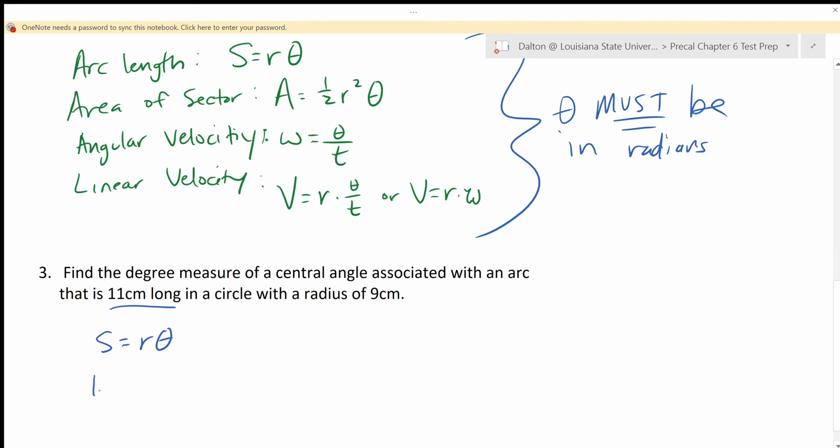So that'll be 11 equals, I know that the radius is 9, and I'm solving for the central angle, I'm solving for theta. To get theta by itself, I'm going to divide both sides by 9, which implies that theta is approximately 1.2.